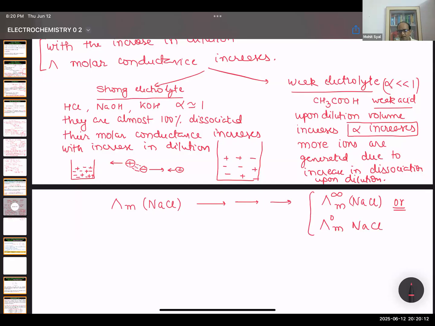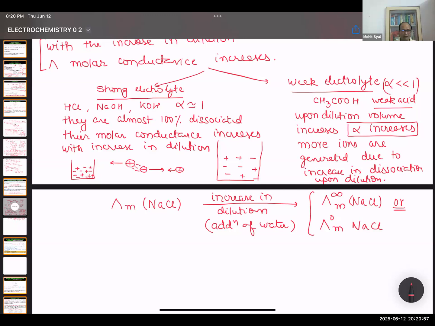What does this mean? Increasing dilution, addition of water, lambda is increasing, but that doesn't mean that lambda will become infinite. Molar conductance cannot become infinite.